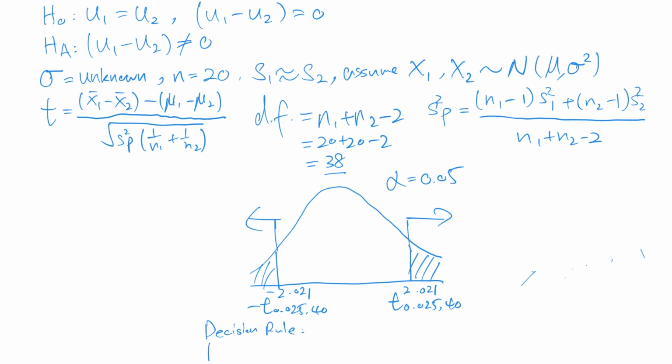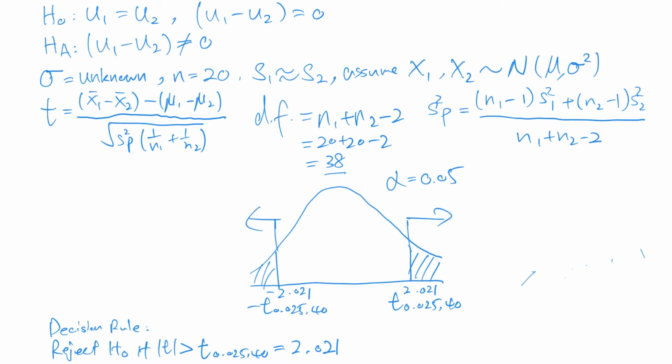That is, we reject H0 if the absolute value of our t statistic is more than our critical value, and in this case it's 2.021, otherwise do not reject H0.